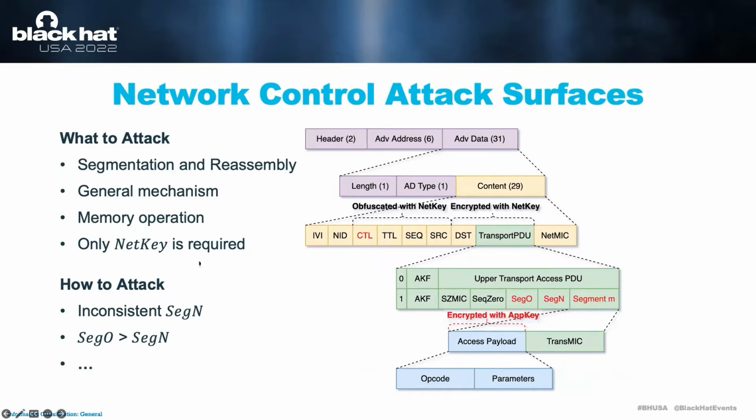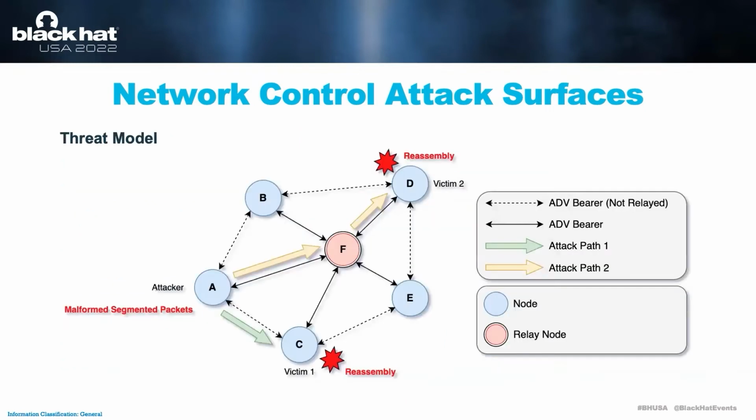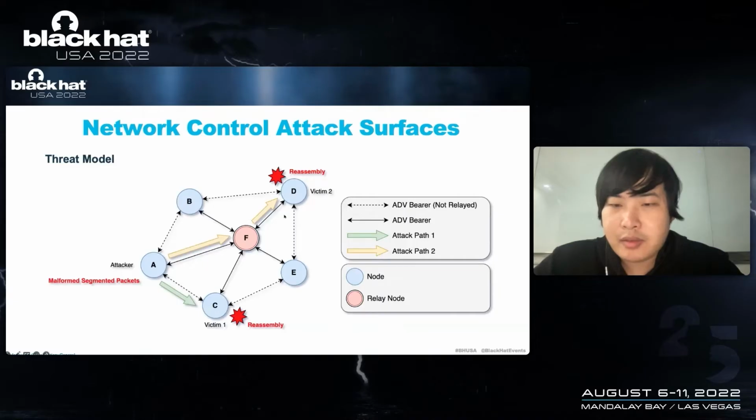And we can also attack segmentation and reassembly by mutating the length-related fields, such as SegO, SegN, and the segment length. Well, the threat model of the network control attack surface is shown like this. From this threat model, we can see in Bluetooth Mesh, the attack vector is no longer limited to the adjacent.